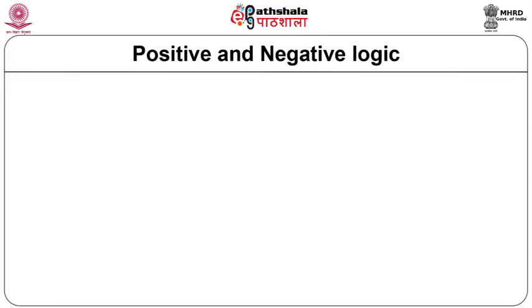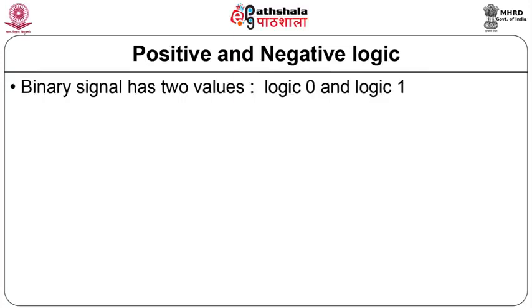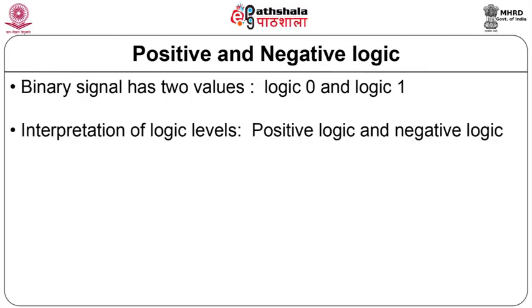Let us consider the logic levels which are used in digital electronics. A binary signal has two values, logic 0 and logic 1. These are interpreted in logic levels as positive logic and negative logic.